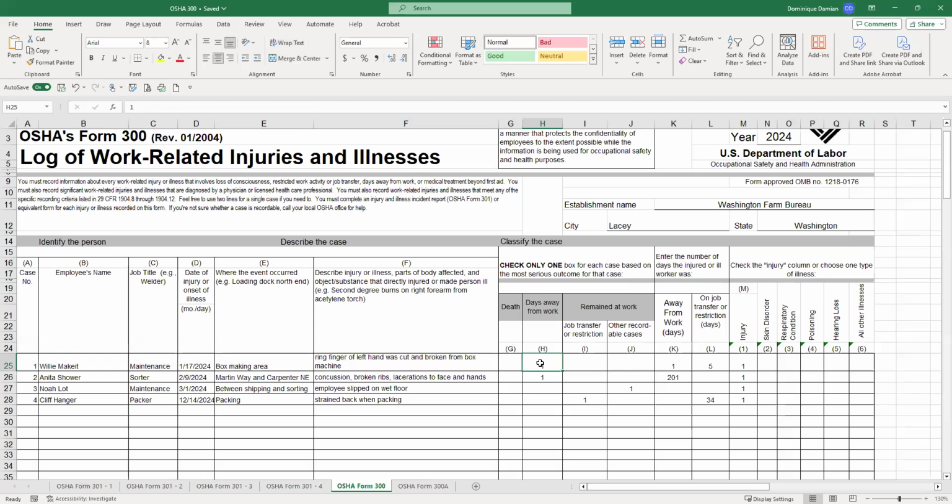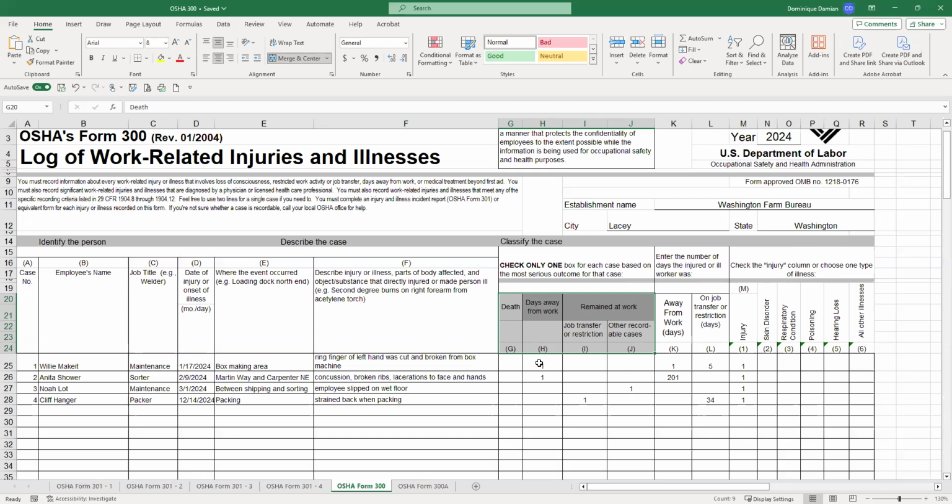Now, if this employee was restricted from work and actually missed work, you are only going to select one of these four. It's either death, days away from work, a job transfer restriction, or another recordable case. But it cannot be more than one in these sections. In this instance, this employee actually had days away from work and had restricted job transfer.